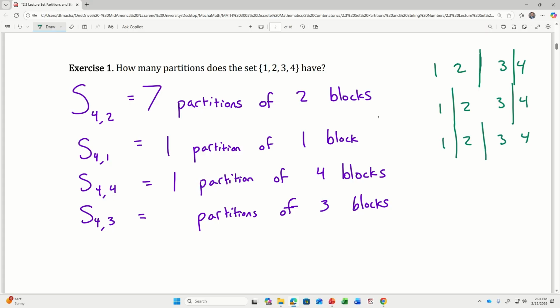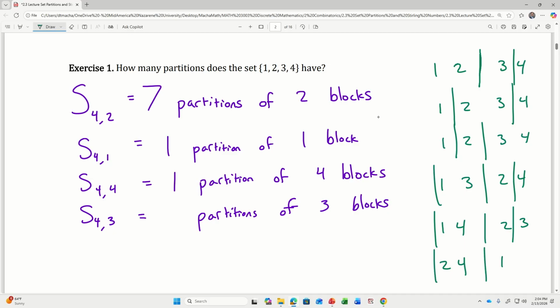Now if I grouped 1 and 2, 2 and 3, 3 and 4, I could group 1 and 3 together, whereas 2 and 4 are not. I could group 1 and 4 together, where 2 and 3 are not together. So 1 and 2, 1 and 3, 1 and 4, 2 and 3, I could group 2 and 4 together, whereas 1 and 3 are not together.